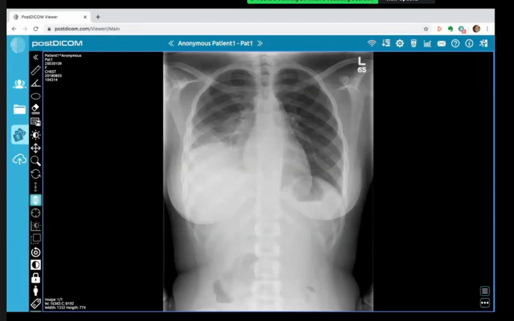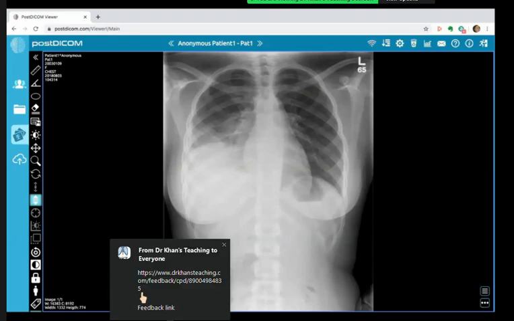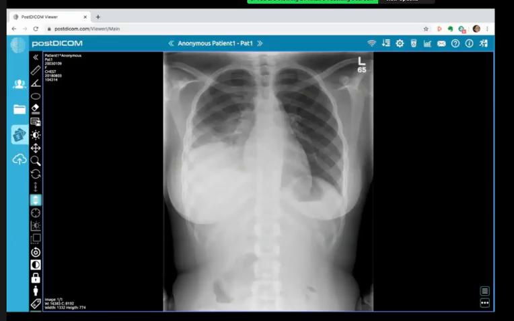The upper margin is curvy linear, almost well-defined, except for its medial end. It's not silhouetting the right heart border, but it is silhouetting the right hemidiaphragm. I would like to window a little bit to make sure if I can see the copula of the diaphragm through this opacity or not. Sure.